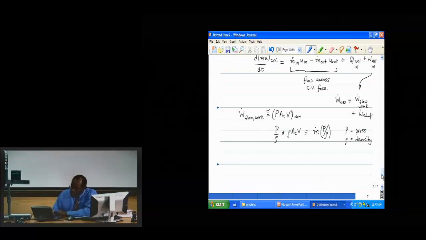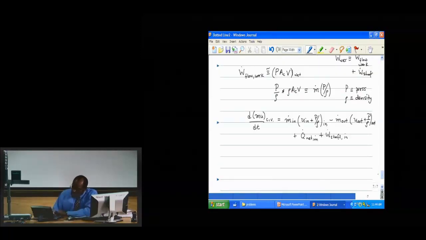So what we end up having is an m dot in times u in plus P over rho in, minus an m dot out times u out plus P over rho out, plus Q dot net in, plus W dot shaft in.